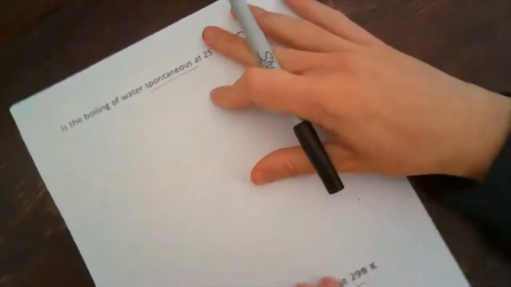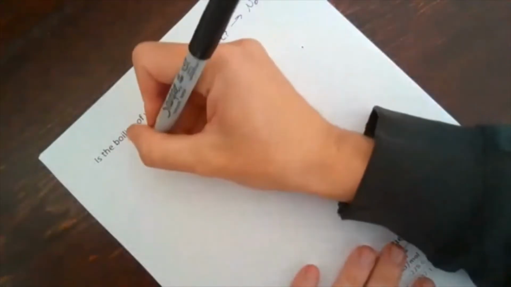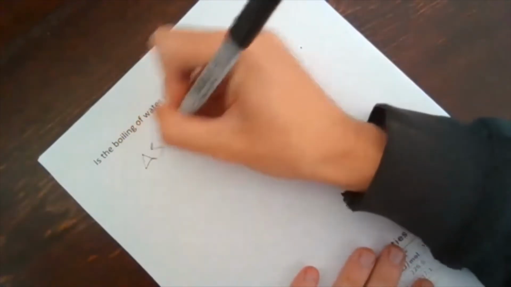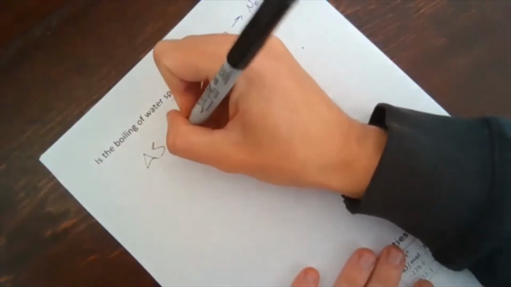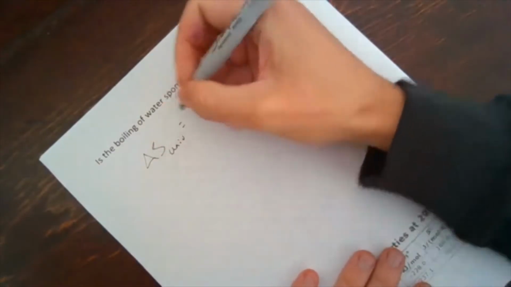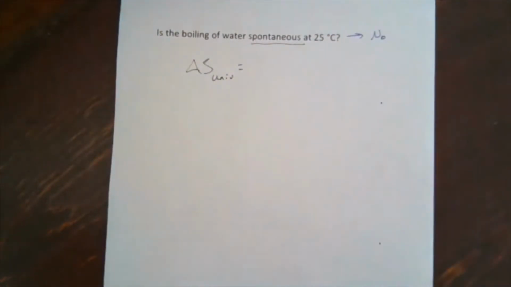So if I want to know if the boiling of water, or really any process, is spontaneous, we can calculate delta S of the universe. If we had a value for delta S of the universe and it was positive, then it's a spontaneous process. If delta S of the universe is negative, it's not a spontaneous process.